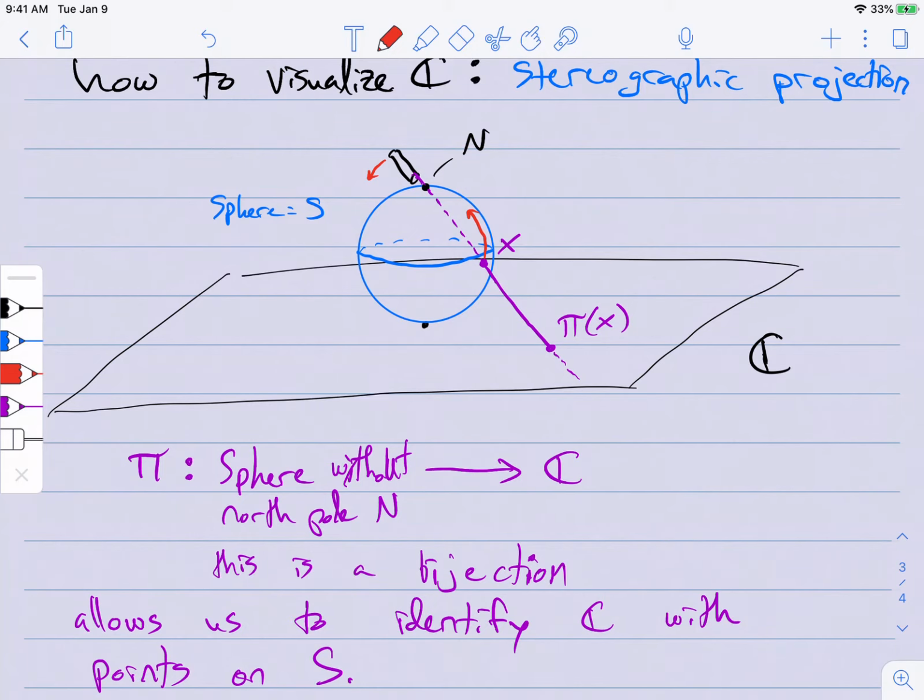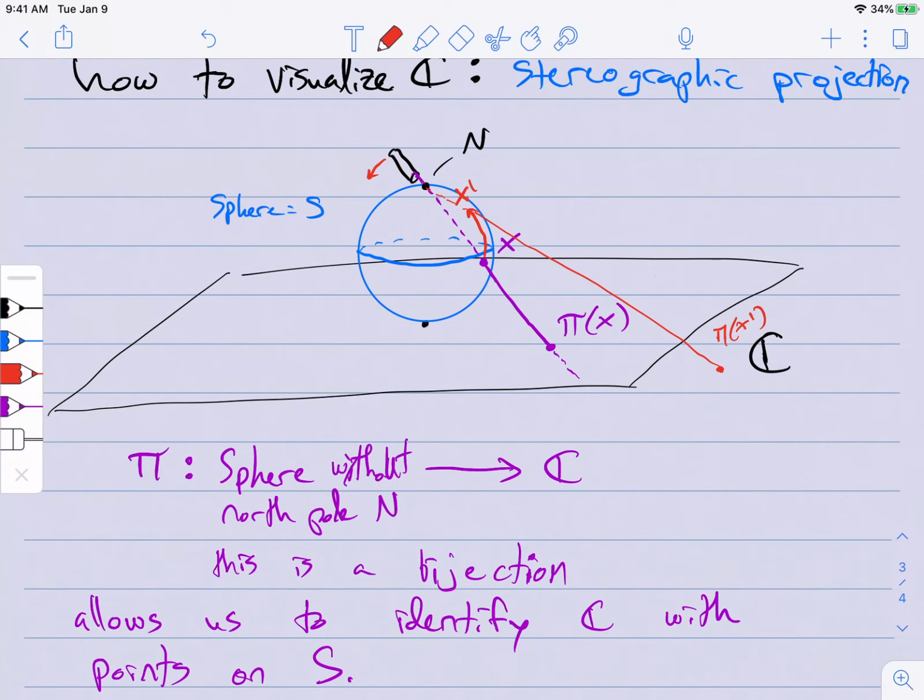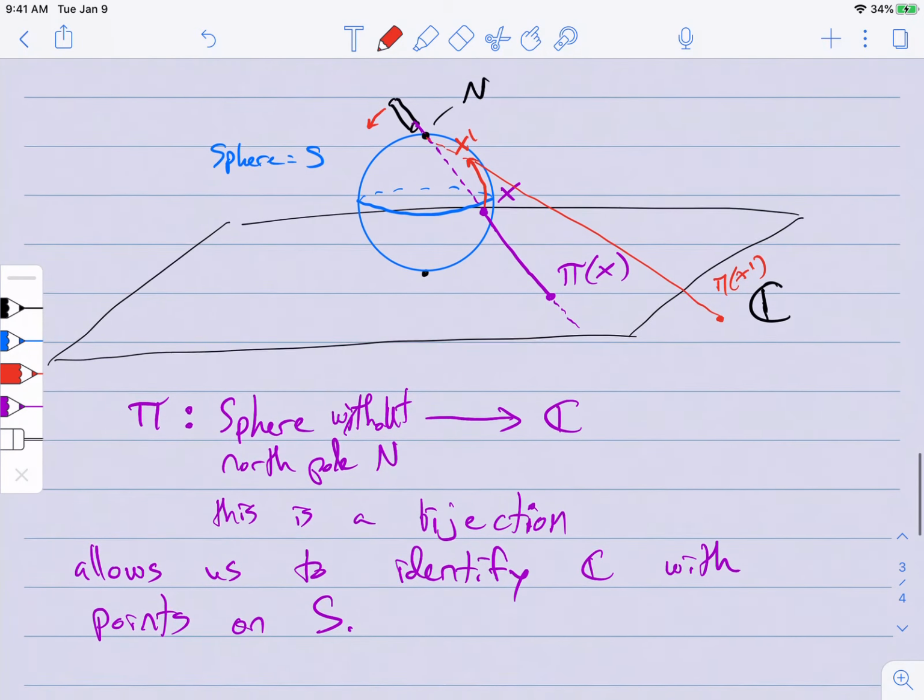So here's some new point, maybe I'll call it x prime. And this map pi sends x prime to somewhere kind of farther out on the complex plane. And if you think about it, actually, the arguments of pi of x and pi of x prime are going to be the same, but the modulus of pi of x prime is larger.